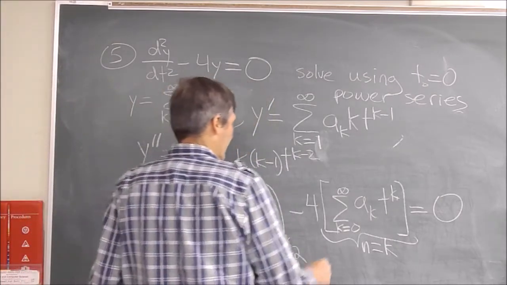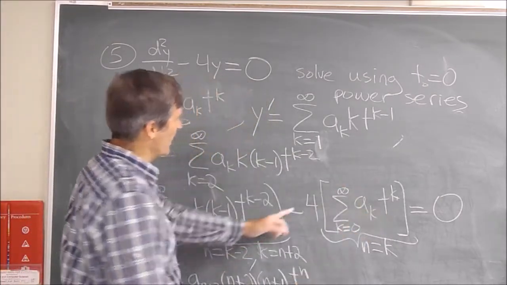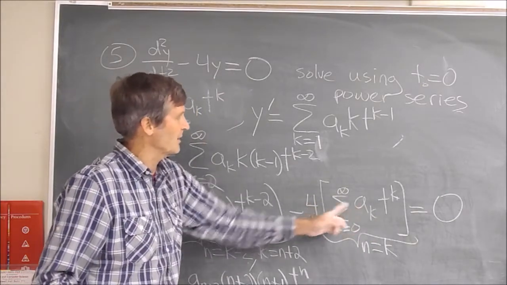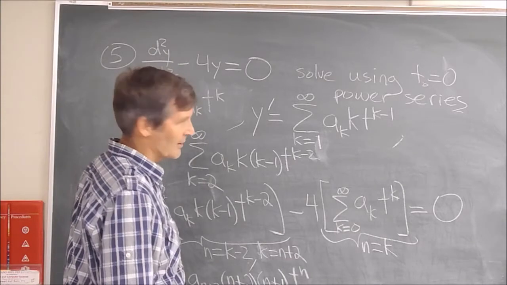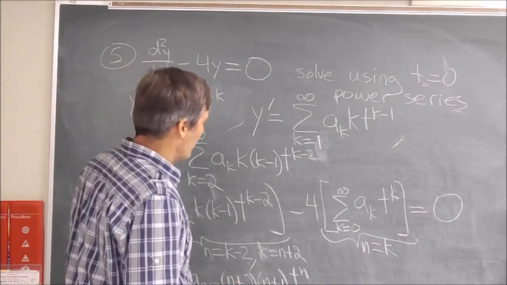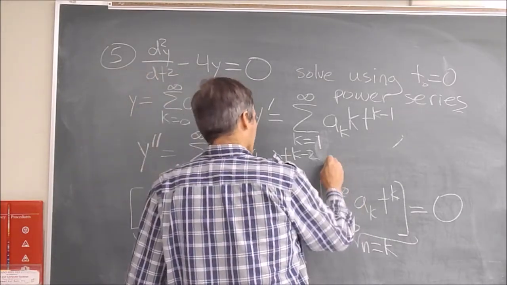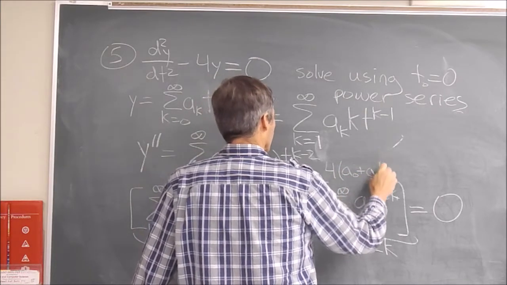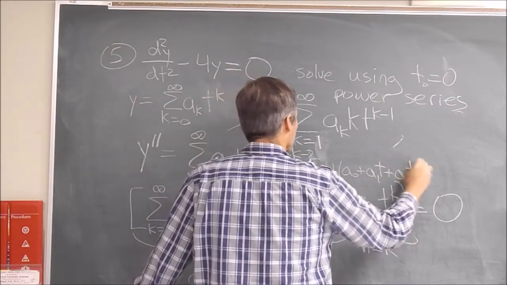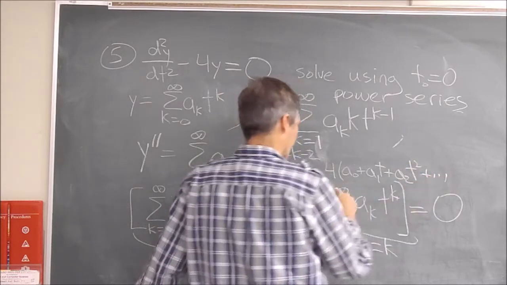And then I'm going to subtract this series, and moreover, I can pull a constant in, right? A constant times a series is the same as multiplying each term in the series by the constant. It's just the distributive law applied to an infinite number of terms. This is 4 times a0 plus a1 t plus a2 t squared plus dot, dot, dot, is what I've written here.